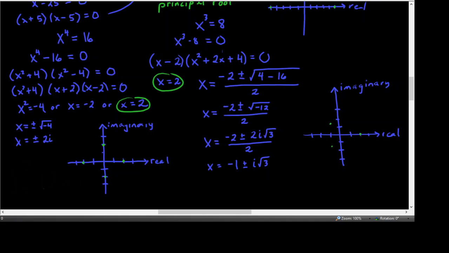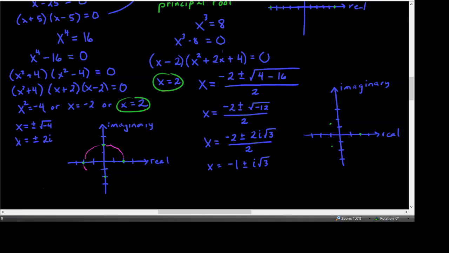Well, the one where I thought you'd get it most is this one over here, where we started with x to the fourth equals 16. If I were to draw a circle centered at the origin, pretend like that little bump didn't happen just then.